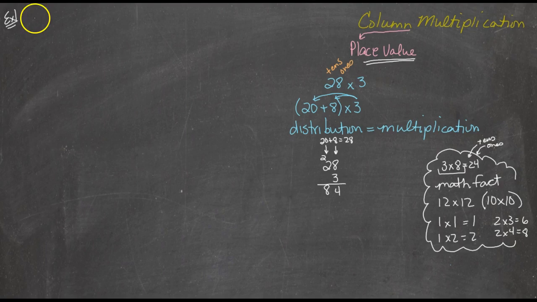So let's multiply this time 28 times 28. 28 worked for us the first time, so we might as well use it the second time. So this time, instead of multiplying a 3 times 8 and a 3 times 2, we have to multiply 28 times 28, which can get a little confusing.